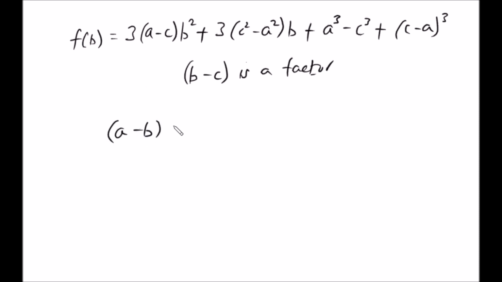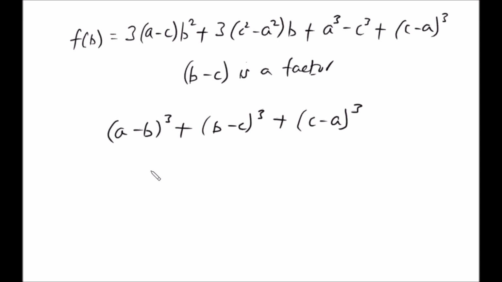FB tulisema ni 3a minus c times b squared plus 3 c squared minus a squared times b plus a cube minus c cube plus c minus a cube. So tumeona kwamba b minus c is a factor ya hiyo fb, lakini kumbuka hii fb initially ilikuwa expression hii a minus b cube plus b minus c cube plus c minus a cube, ndio tukachagua kuiandika in terms of f of b.